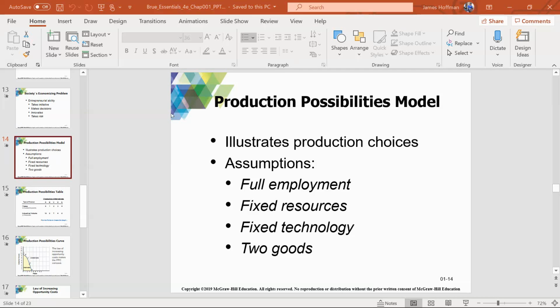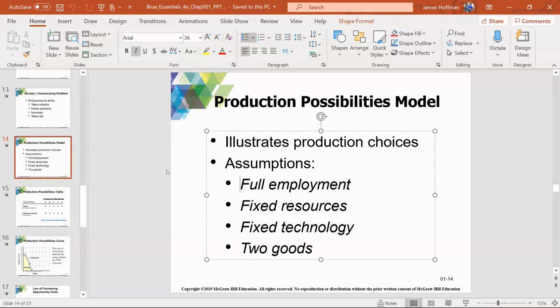Okay, all right. I think everyone is here right now. So here we go. These are the assumptions of this production possibilities model. We're assuming full employment. Obviously that's not 100% accurate, but the assumption is the economy is fully employed to look at this model.